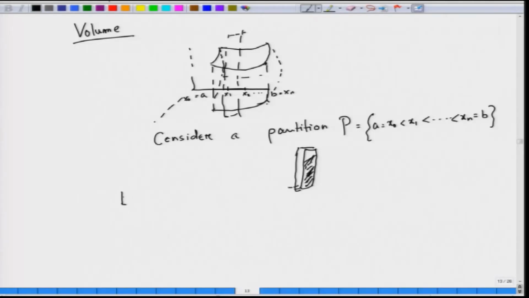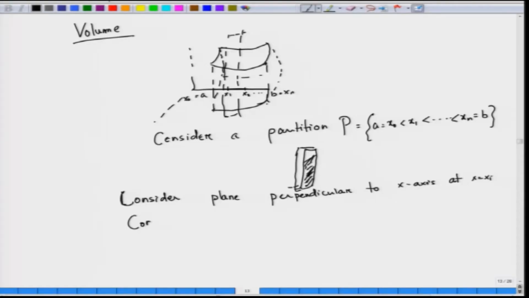So, consider planes perpendicular to the x axis at x equal to x i from each partition point. Now, you will get n slices.